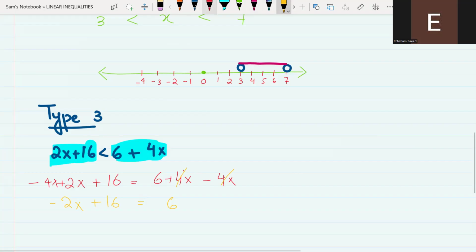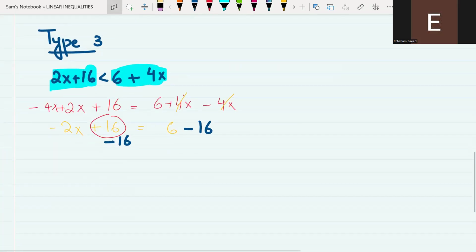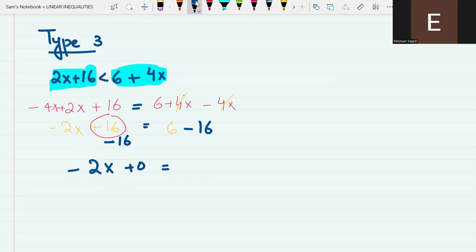Now, the second step is we have to take this 16 to the other side. How are we going to take it? I will subtract 16 on both sides. I'm putting an equal sign here because I just want to deal with it that way, and at the end I can change the sign to the inequality. So you have minus 2x plus 0 equals minus 10.